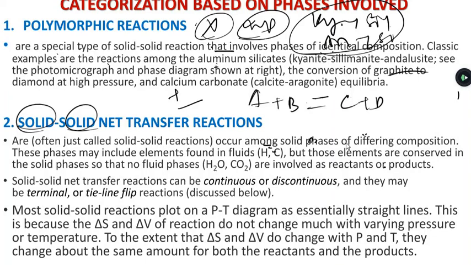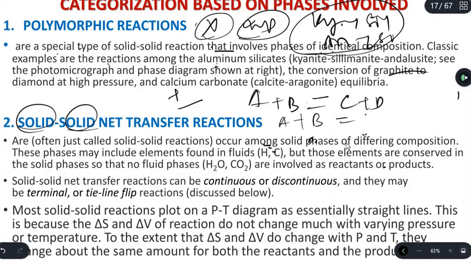If the volatile will be present, then that volatile should be conserved. Clear or no? But एक केस पे हो सकता है that the volatile is found in the atomic structure, not giving rise to the volatile as a product, no evolved volatile or no evolved fluid phase will come in. जैसे मान लो A plus B will give rise to C plus D plus H2O.